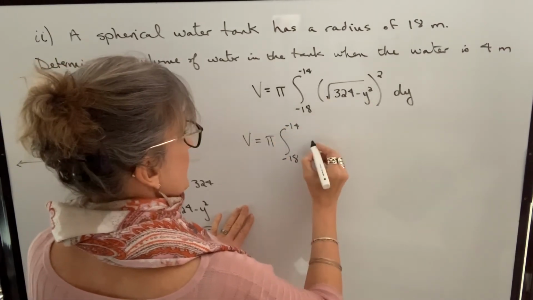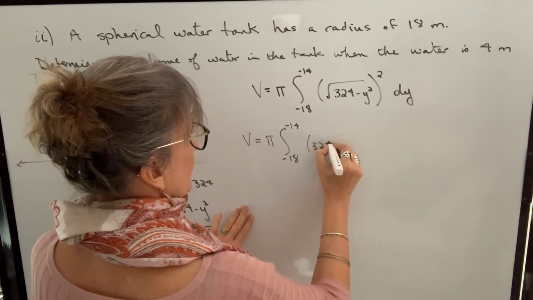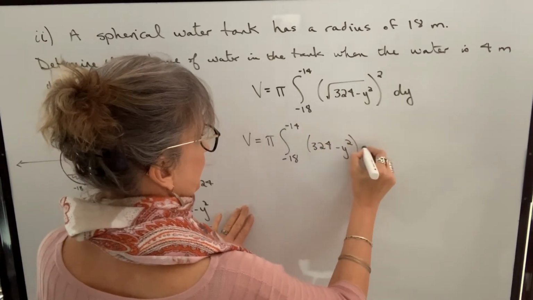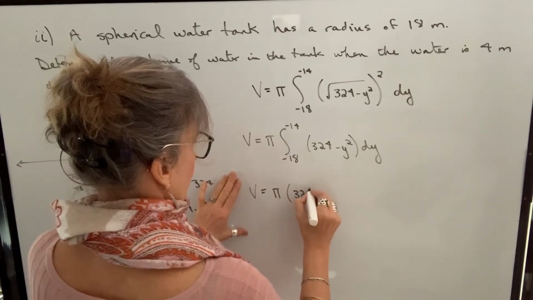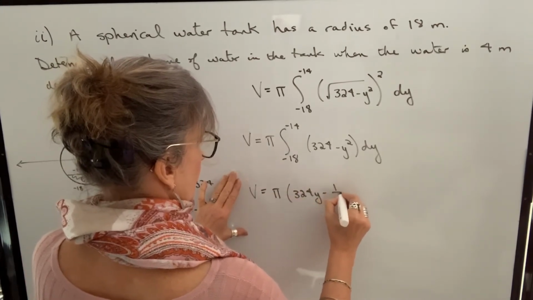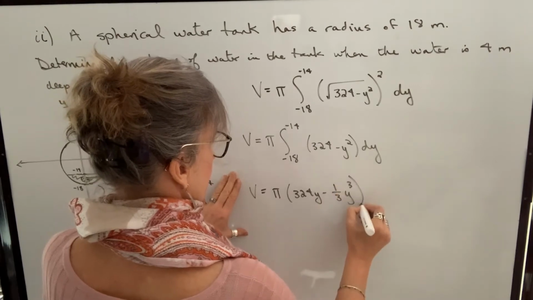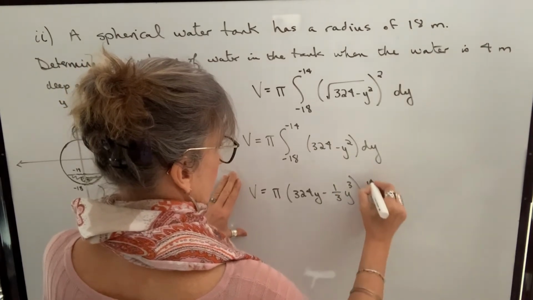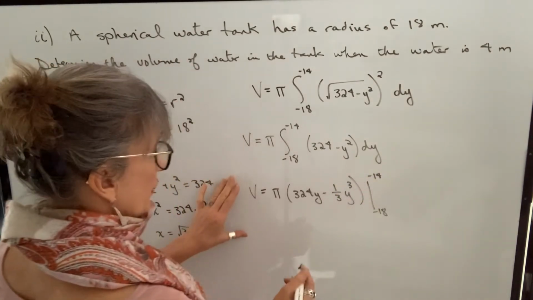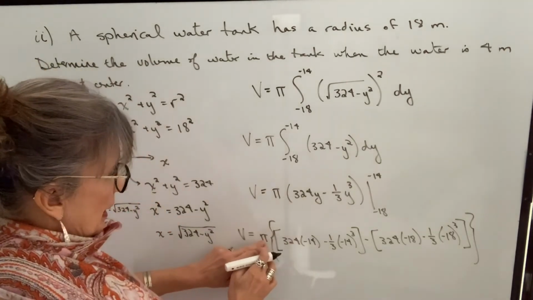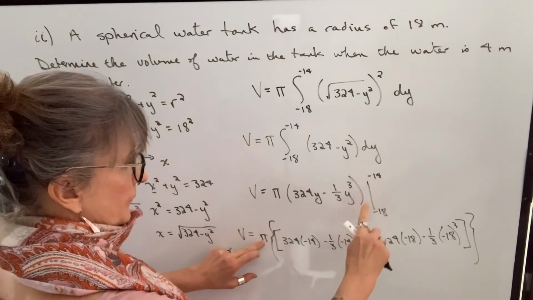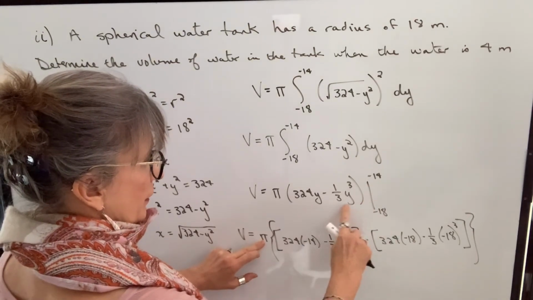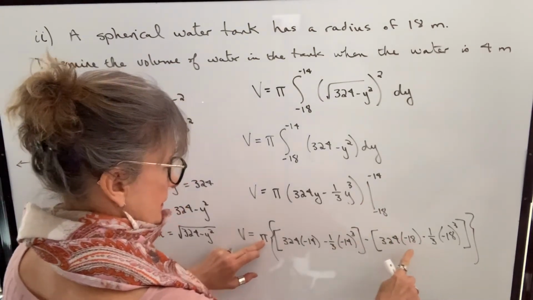When we square this, we'll just have 324 minus y squared. So it would be 324y minus 1/3 y cubed. And now we evaluate. I just kept the pi outside, and then I evaluated this at negative 14 minus evaluating this at negative 18.